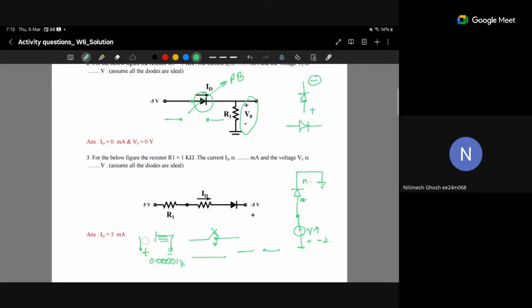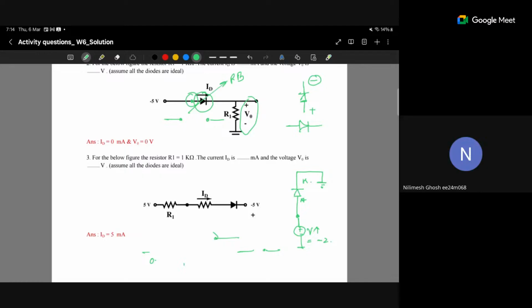Okay. So see, now if here is -5 volt, what is the voltage here, at this anode part? -5 volt. Now if there is -5 volt here, this diode will be turned on or off? Off. If the diode is off, then this path will be an open circuit. So the current will not flow through the circuit.